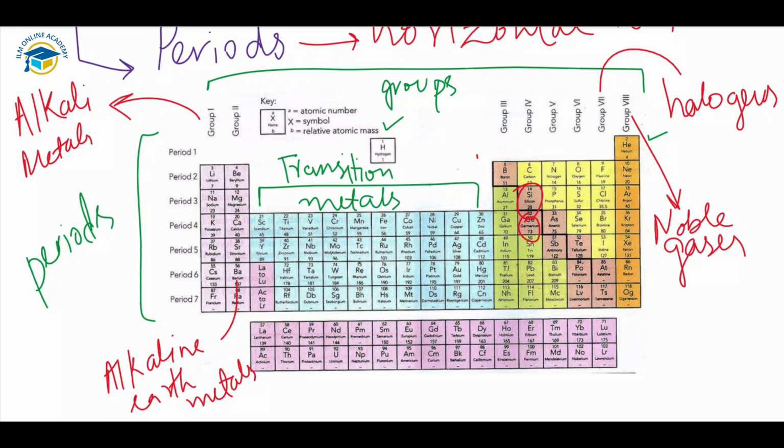Mostly these are the non-metals, except silicon and germanium, which are metalloids. Transition metals are also metals, and the group 1 and group 2 elements present here are also metals.